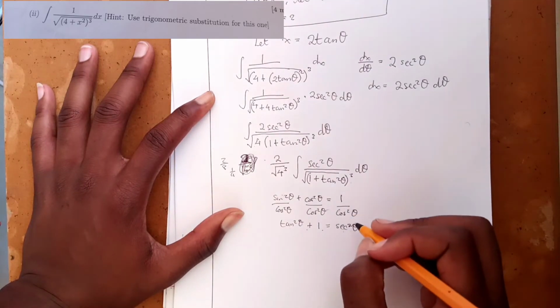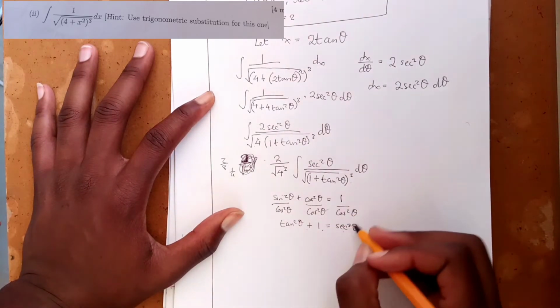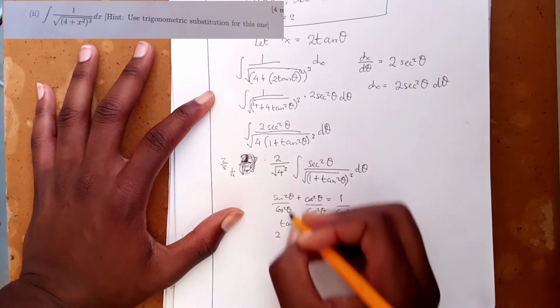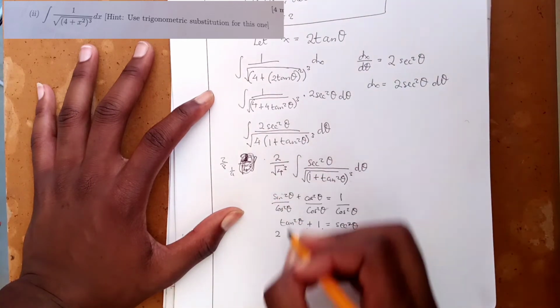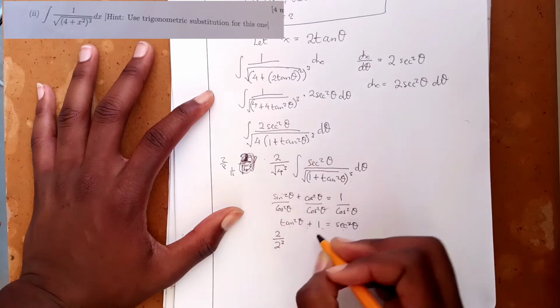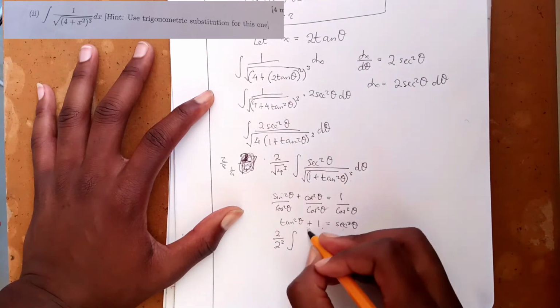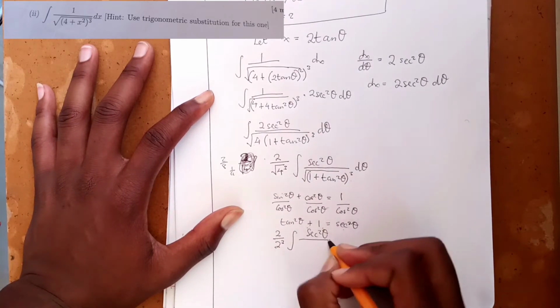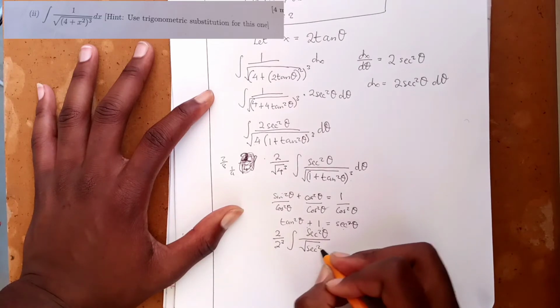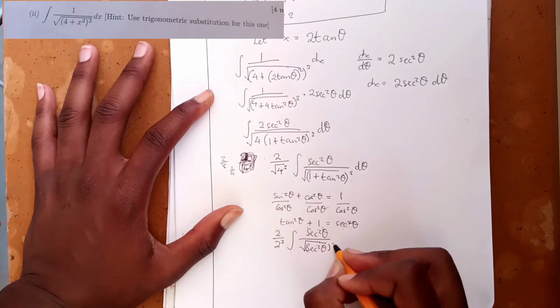So now we replace sec squared theta there. So we'll have 2 over the square root of 4 is 2 to the power 3. We have sec squared theta over the square root of sec squared theta to the power 3.